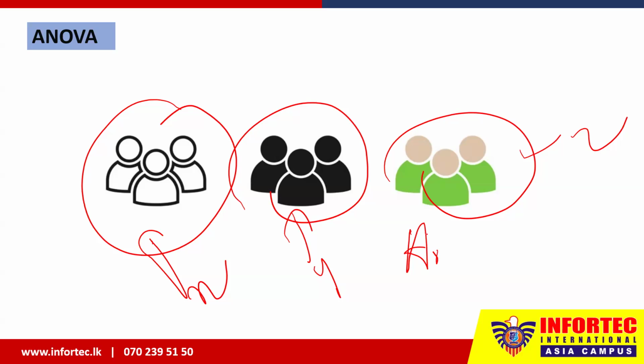You can always create it based on your objective. Because you want to assess whether there is any mean difference between X, Y, and Z. So then what is your null hypothesis?